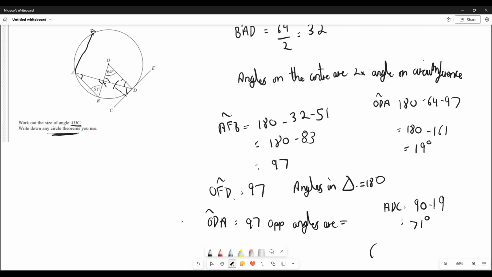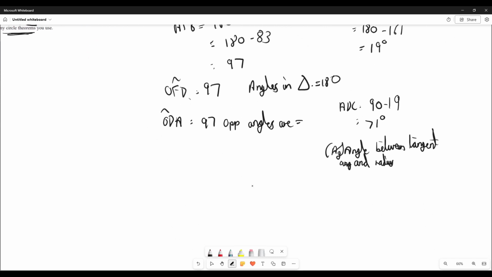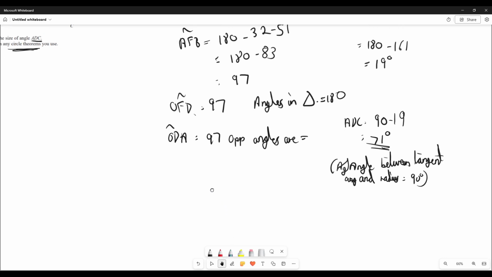And then we need to write our reason: angle between tangent and radius equal to 90 degrees. Let me just move this a bit down. And you just underline your answer to make it clear to the examiner that this is what you get. So here we've solved it.